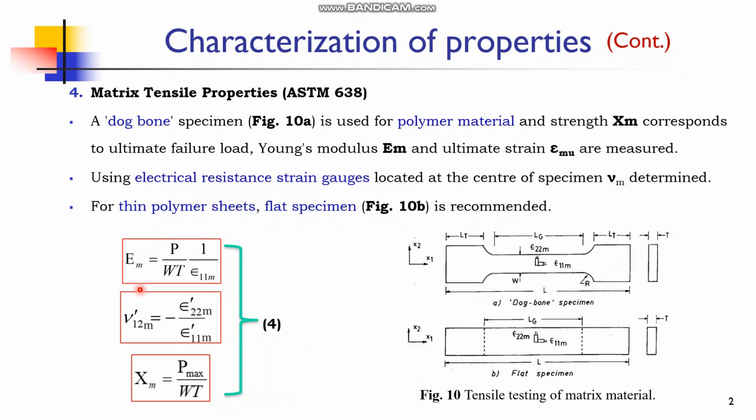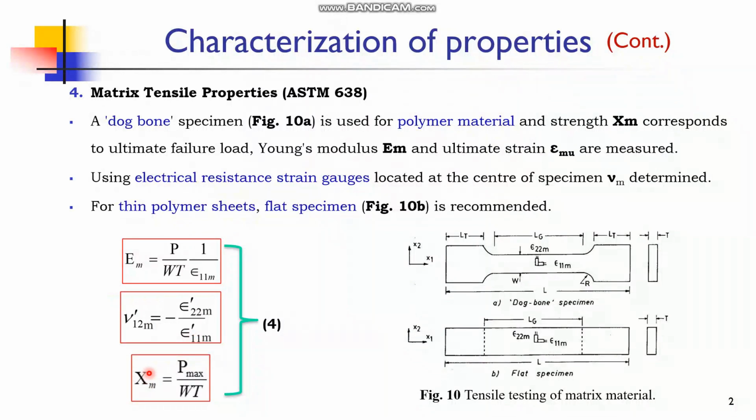For finding Young's modulus of the matrix, it is stress by strain. Here P by WT indicates stress and strain is epsilon 11m, where 11 refers to the loading direction. The Poisson's ratio of the matrix is lateral strain epsilon 22m divided by epsilon 11m.